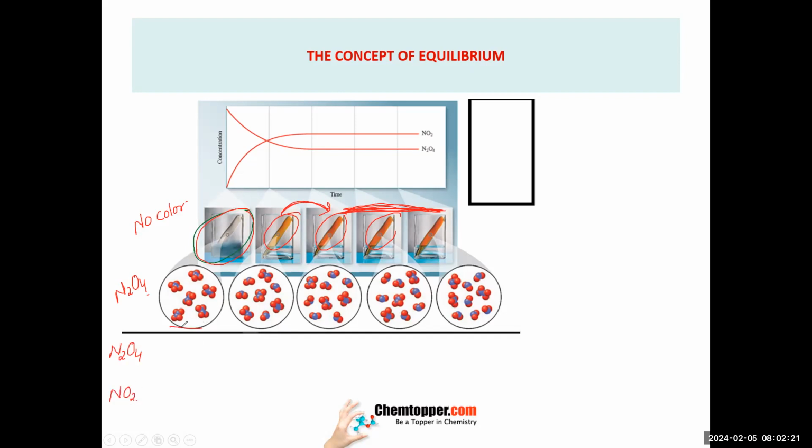How many molecules of N2O4 in this picture? 1, 2, 3, 4, 5, 6. Is there any NO2? No. Can you calculate here, children, in the second container after some time? N2O4 is 2 nitrogen, 4 oxygen. This is N2O4.